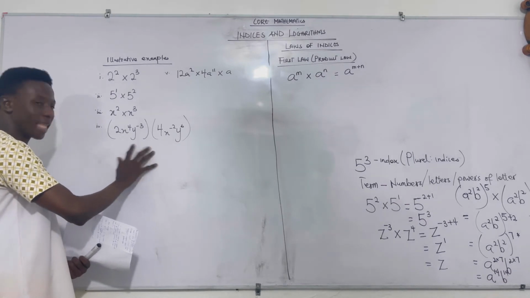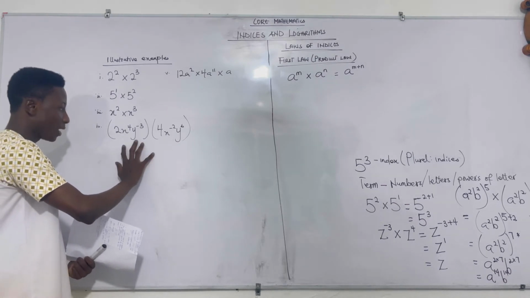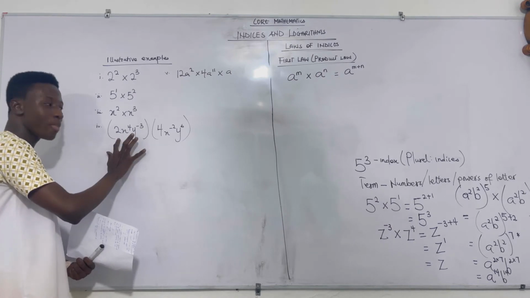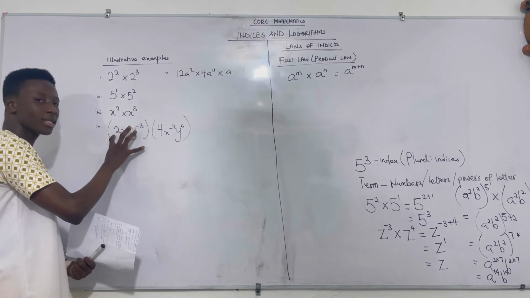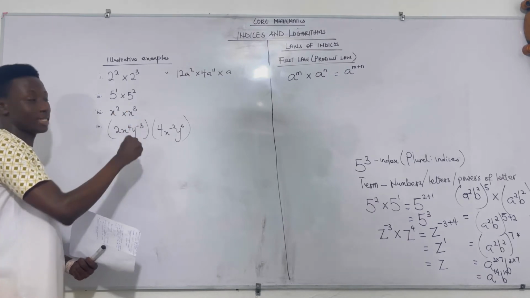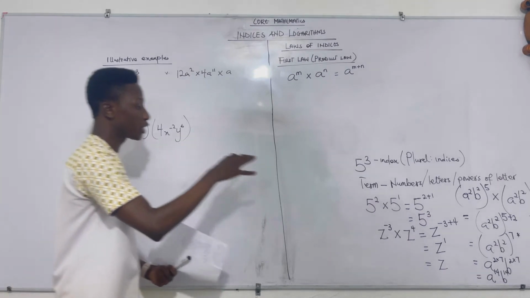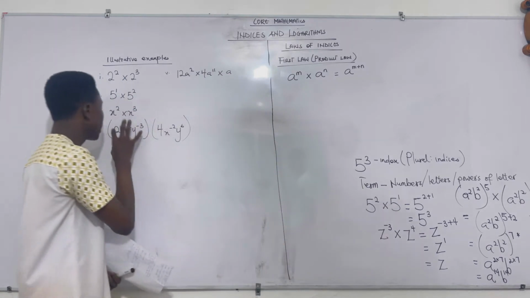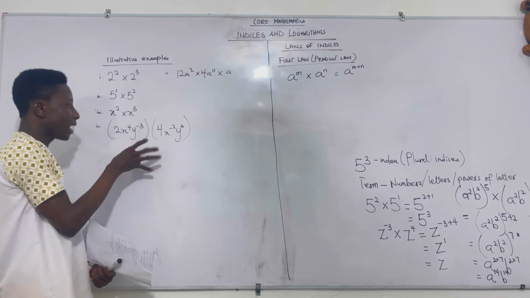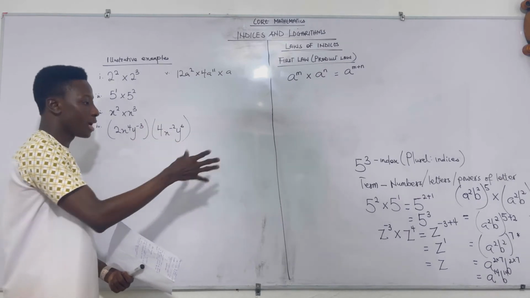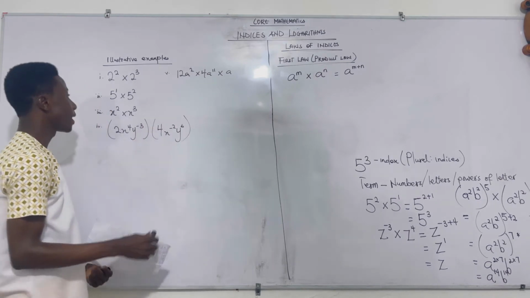Realize that this is a term, a combination of numbers and powers of letters. Even here, we use just the two of them. So a thing like this, how would we solve that? We will apply the same concept when we get there.